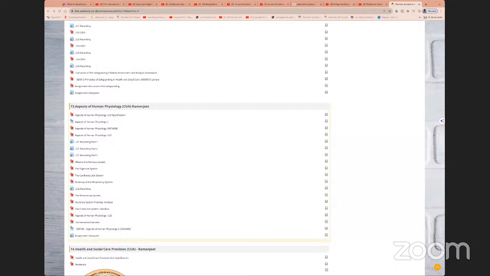So that would be a handout that I would put in just now, and you should be able to see this on your side. And that is what I would suggest that you look at, reading in terms of covering this particular part of the assessment criteria, which is 1.4.